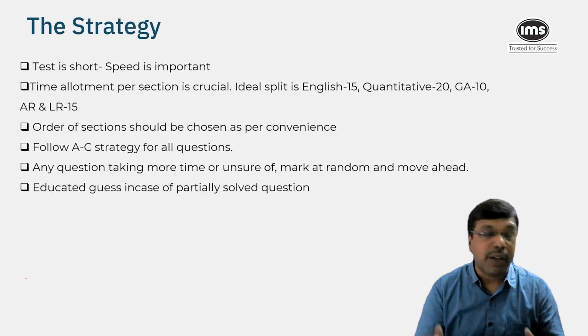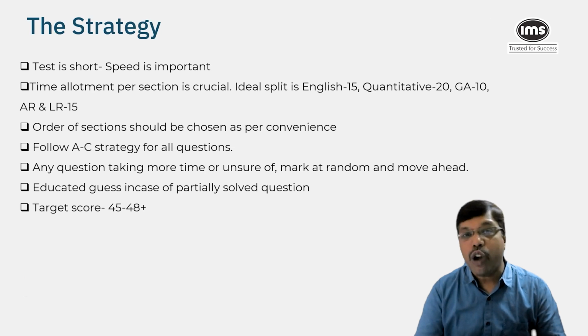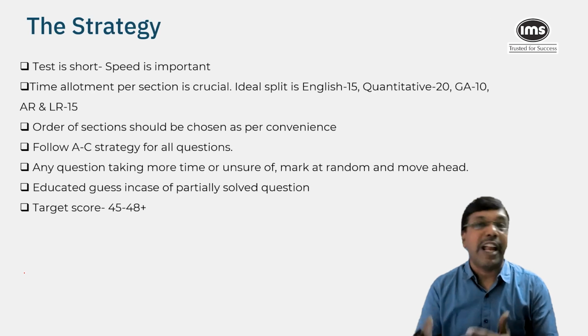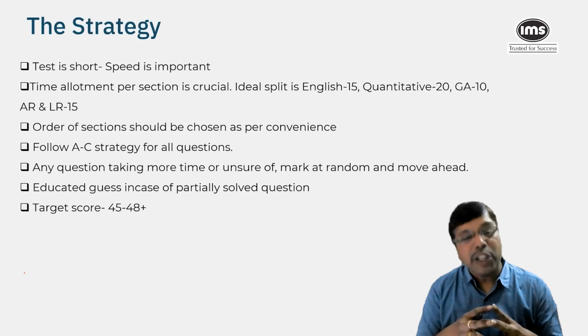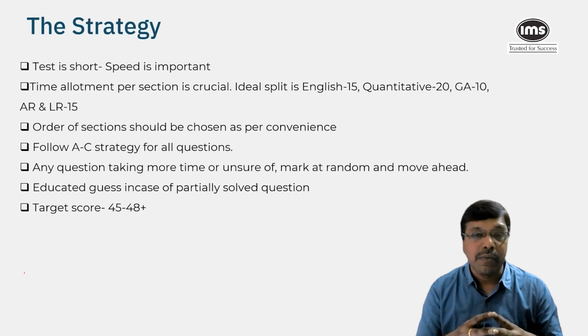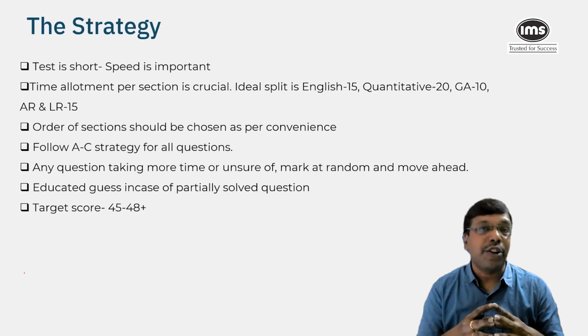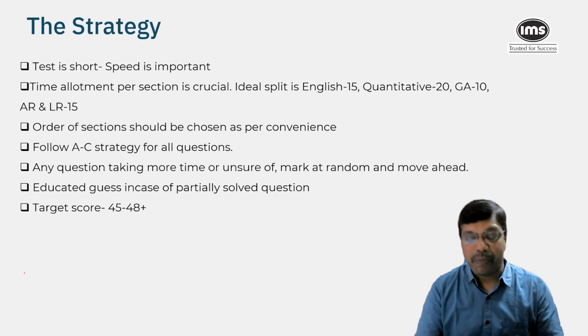And also remember, the target score that you need to keep in your mind is in the range of 45 to 48 plus. Now let us drill this down to individual sections and understand the structure for each of them and the areas we need to concentrate on and the target score that we should aim for.